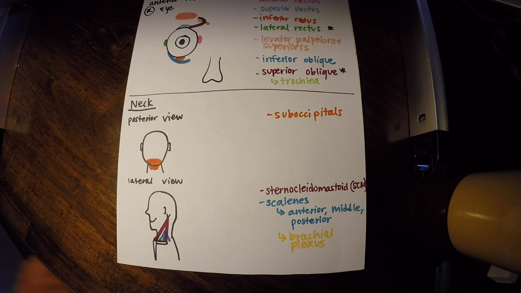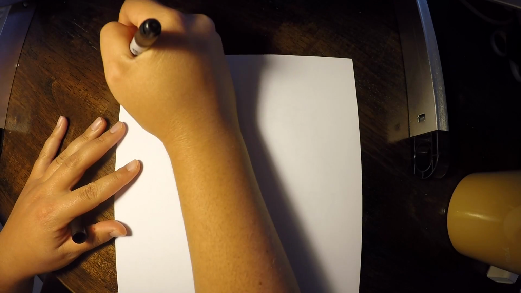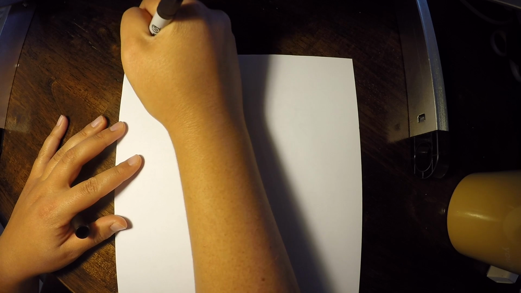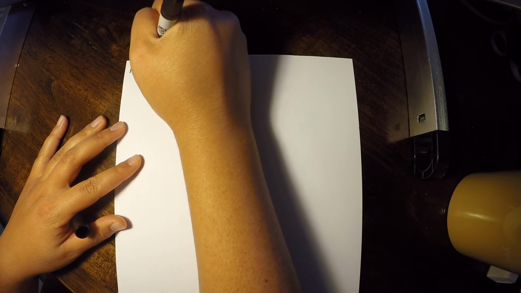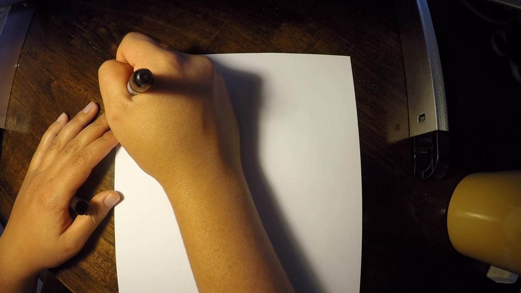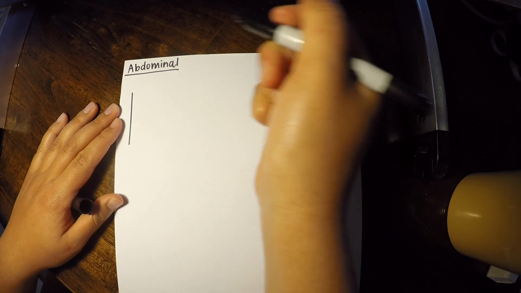Next, we're going to move on to our abdominal muscles. Alrighty, for abdominal muscles, as usual, we're going to start by drawing something out. So I'm going to draw someone's abdomen.